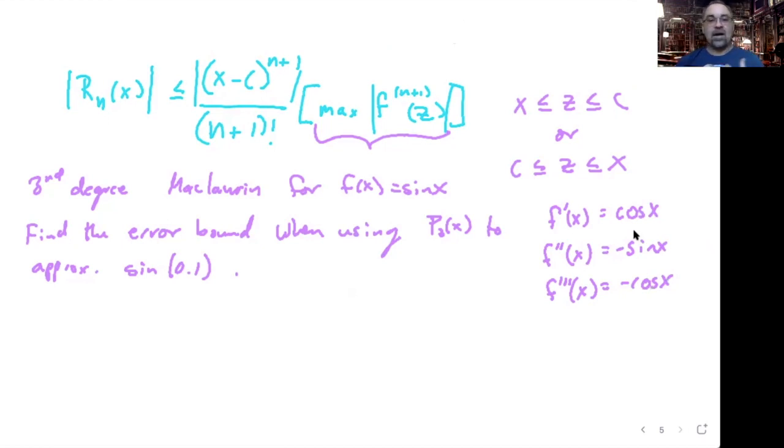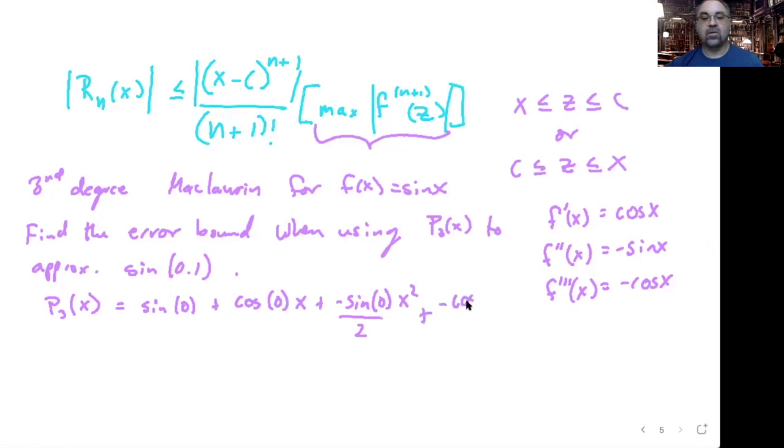So now let's go back to the fact that we're talking about a Maclaurin polynomial, so we're centered at 0. P3 of x will be sine of 0 plus cosine of 0 times x, plus negative sine of 0 times x squared over 2, plus negative cosine of 0 over 3 factorial x cubed.